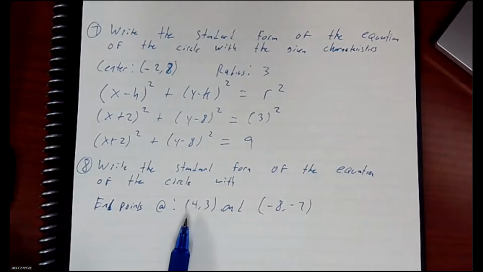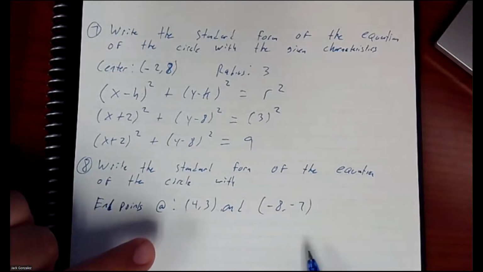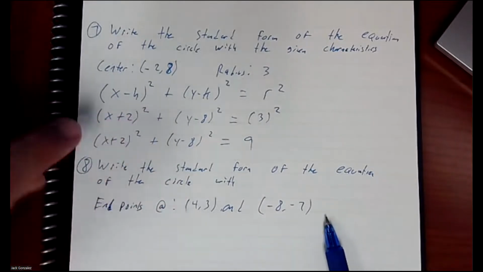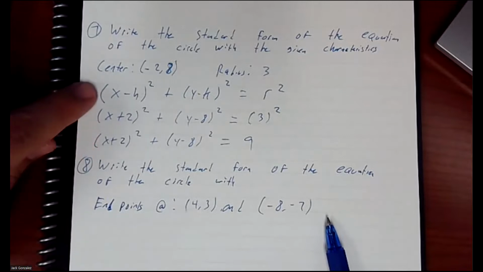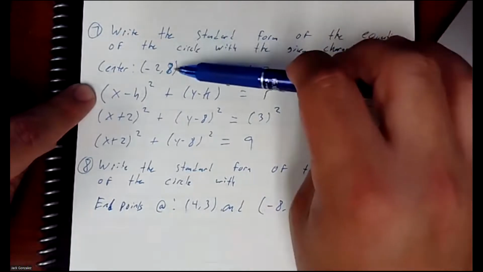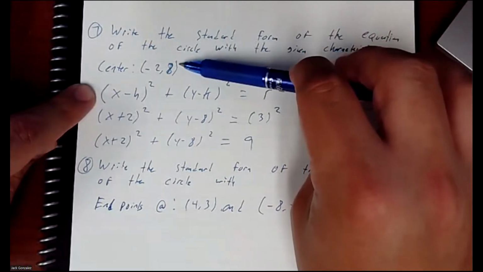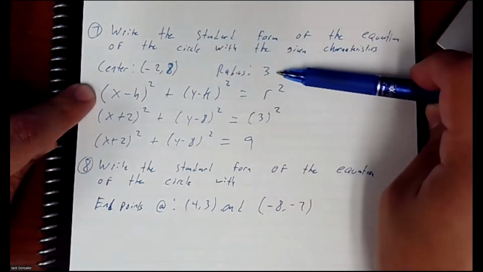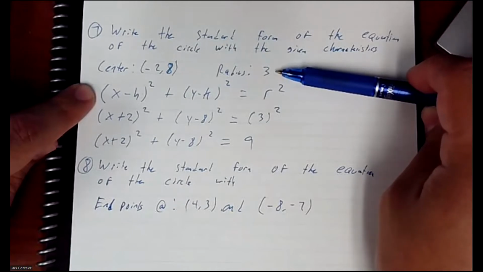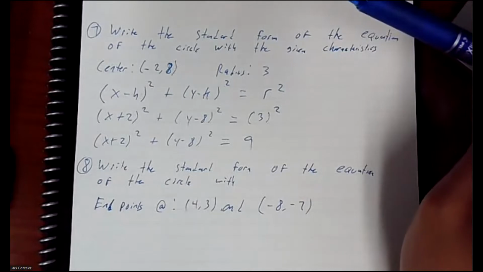So imagine these are the edges on opposite sides of your circle. They want us to find this type of equation. So in order to do so, we need the center, right? And the radius. Okay.